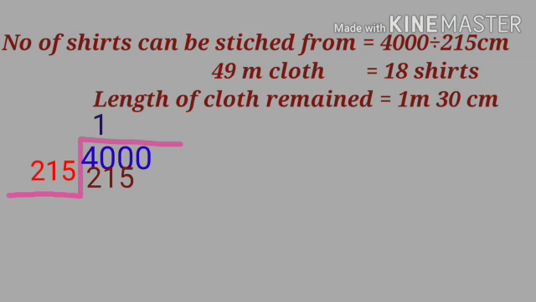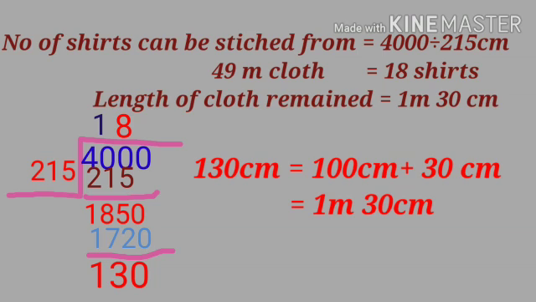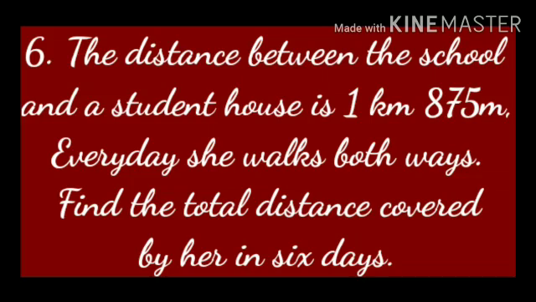If you stitch shirts from the 40 meter of cloth, you will have 130 centimeters of cloth remaining. Now 130 centimeters converted into meter and centimeters, we will get 1 meter 30 centimeters. The question asks how many shirts are stitched from 40 meters cloth.